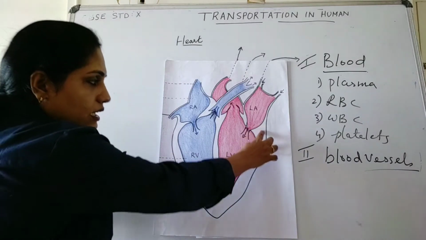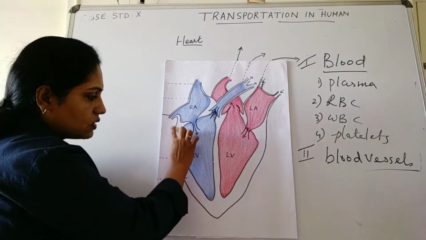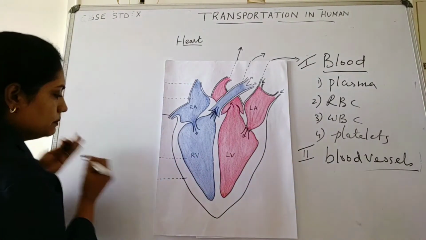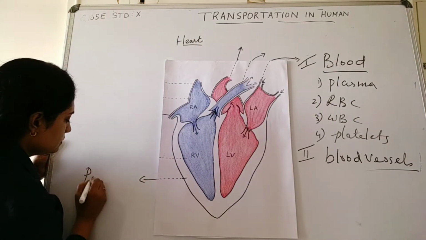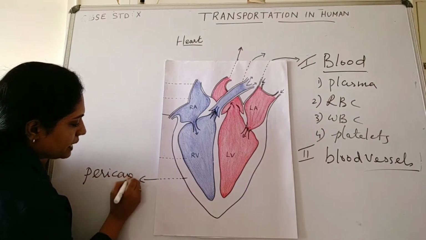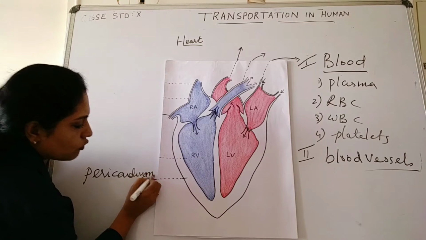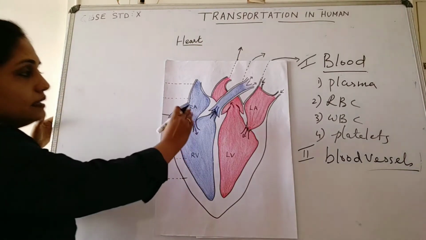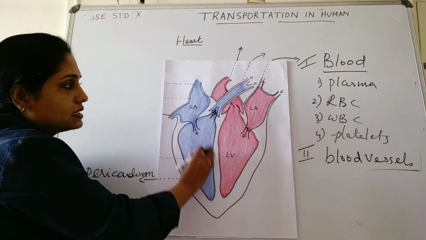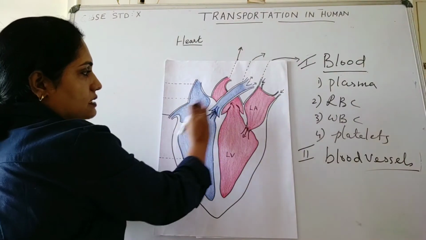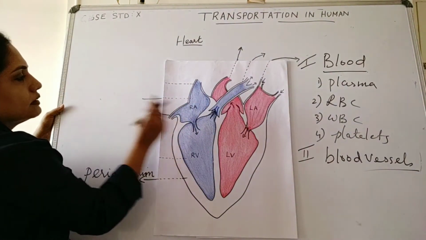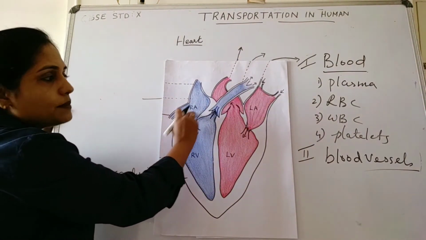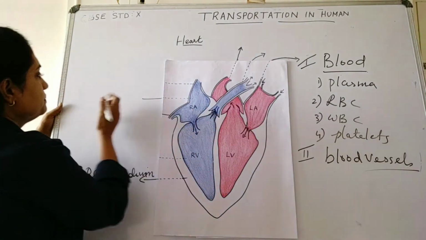The outer covering of the heart is called pericardium. Pericardium is a muscular wall. And then there are four chambers, upper atria. This one is right atrium and this is left atrium.